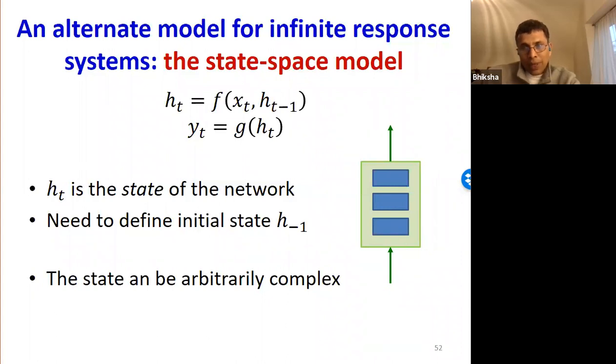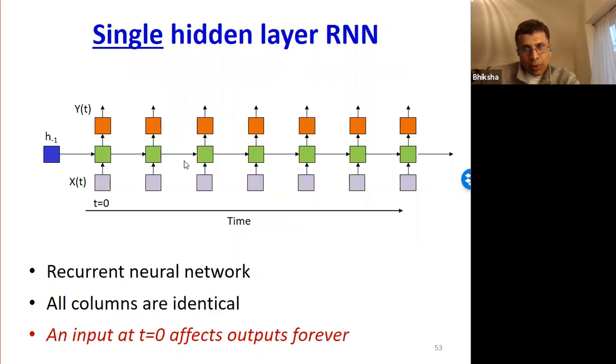The only requirement we have is that regardless of the complexity of the state, we must define the initial values for the state to enable us to compute the output of the network at the initial time instant. So if the state has three sublayers, then h minus 1 must be defined for every one of these. So here is an RNN with a single hidden layer in its state. Now the green box represents a layer, and we have to define h of minus 1.